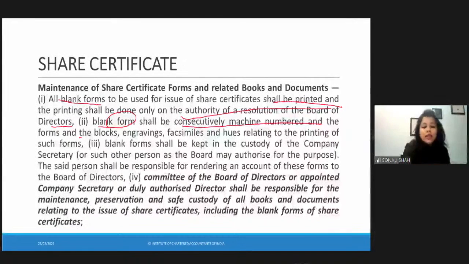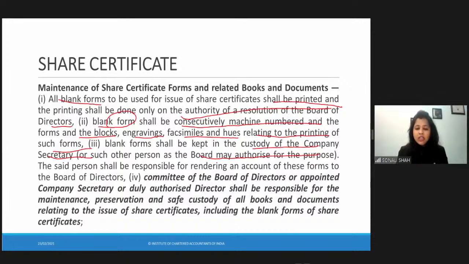And the forms and the blocks, the engravings, the facsimiles and the dies relating to the printing of such forms, the blank forms that are printed, will be kept in the custody of the company secretary or any person who has been authorized by the board.